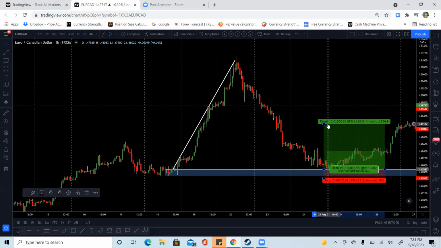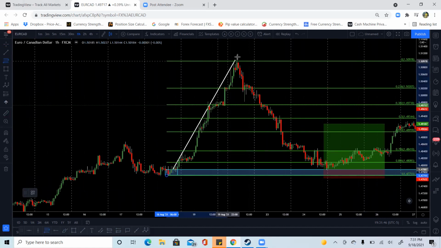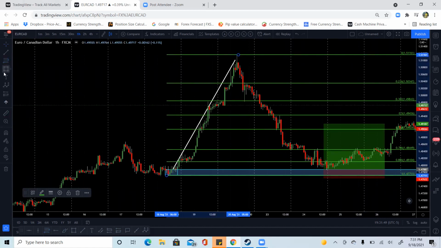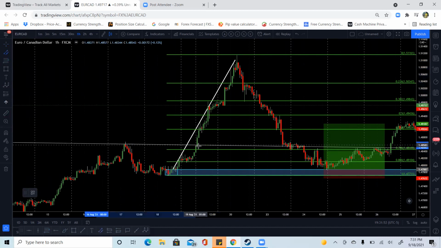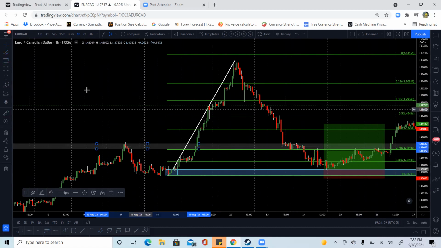Now, let's compare that to normal teaching. So you have your Fibonacci level, and then you have your support resistance. This little hesitation right here might have been your entry.